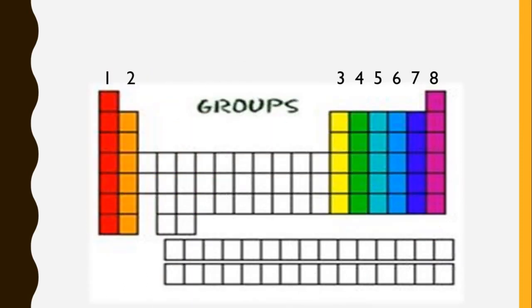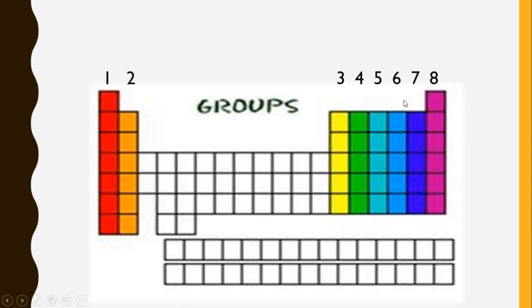Okay, so now in a general view, group 1 metals have only one valence electron in the outermost shell, so it's going to lose it and it's going to have a positive one charge. Group 2 is going to have two valence electrons and they're going to lose them. The ion is going to have a charge of positive 2.